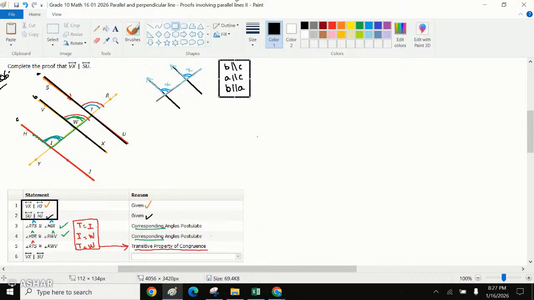I'll just write down again over here. VX was line B, if line B was parallel to line C, and SU was line A, was parallel to line C, then line B is parallel to SU. SU is line A. Agreed?